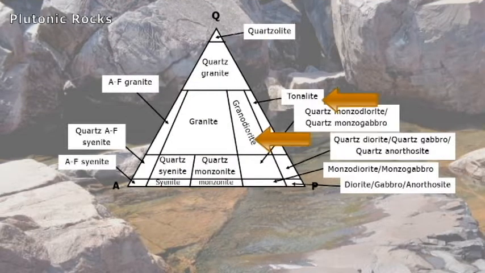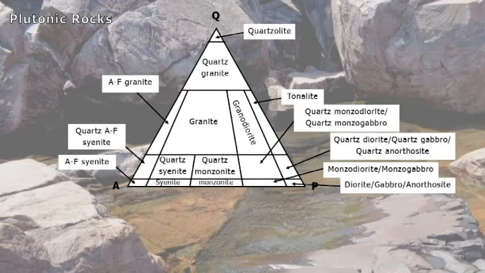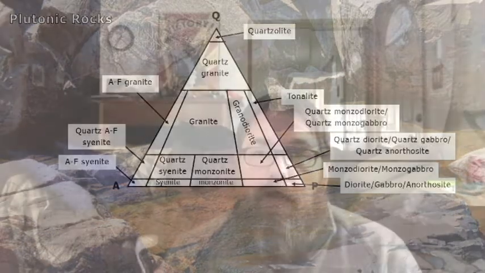I'm going to touch a little bit on some of the other ones here before I move on to foids. You see tonalites or granodiorites. I mentioned that in the Precambrian, they're very common. Well, tonalites are excessively common up until the Neo-Archean. So before the Neo-Archean, we have almost exclusively tonalites and some granodiorites.